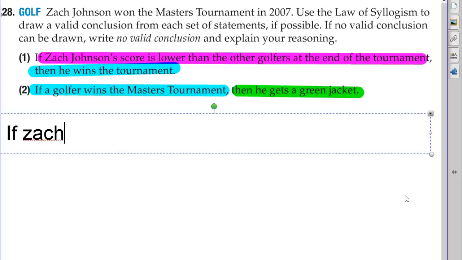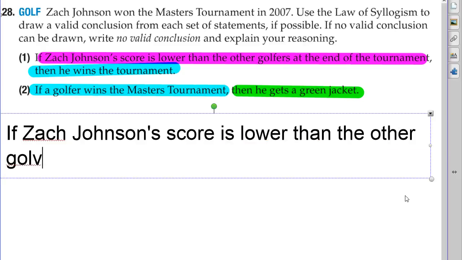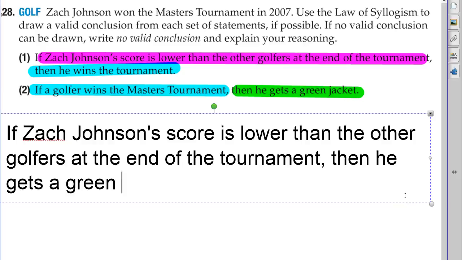If Zach Johnson's score is lower than the other golfers at the end of the tournament, then he gets a green jacket.